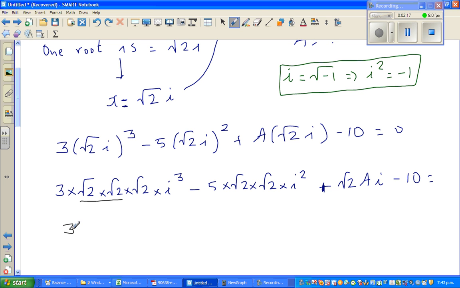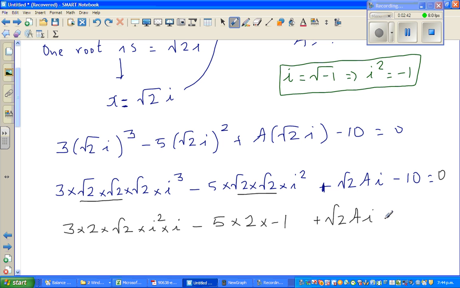So this is 3 times 2 times root 2 times i squared times i. I'm doing more steps so that you understand. This is 5 times 2 times negative 1, plus root 2ai minus 10 is equal to 0.